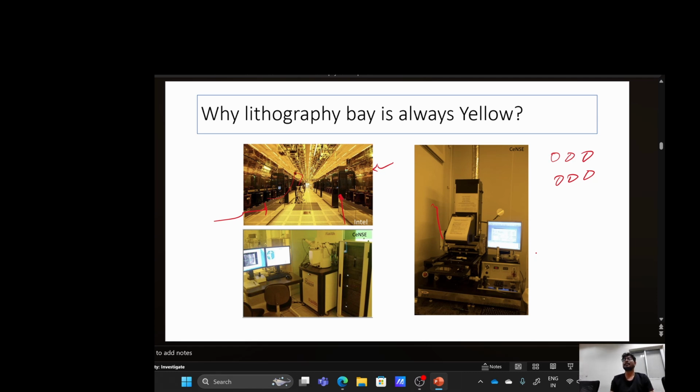If light of that particular wavelength is present in the ambient, it affects the photoresist, and then there won't be any use of it, because we cannot take it out. That is why these lithography bays are always yellow in color, because of the sensitivity of the photoresist.